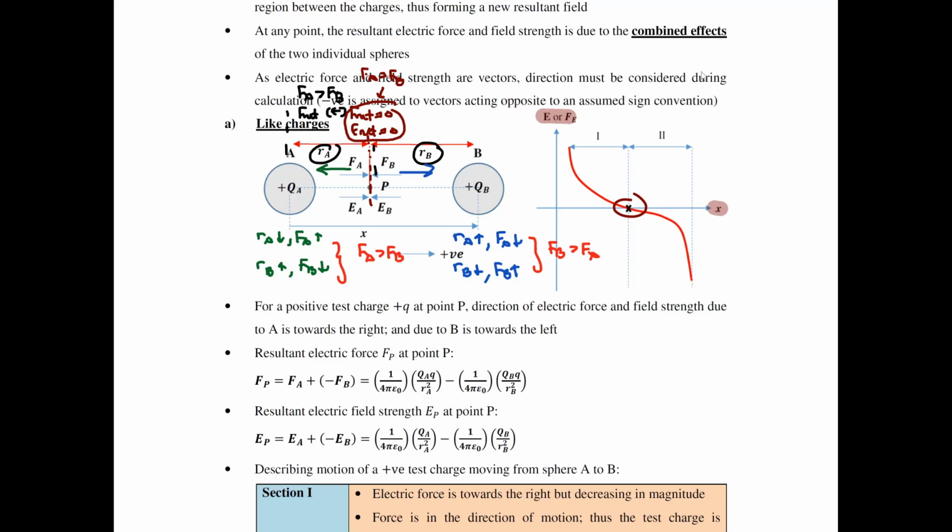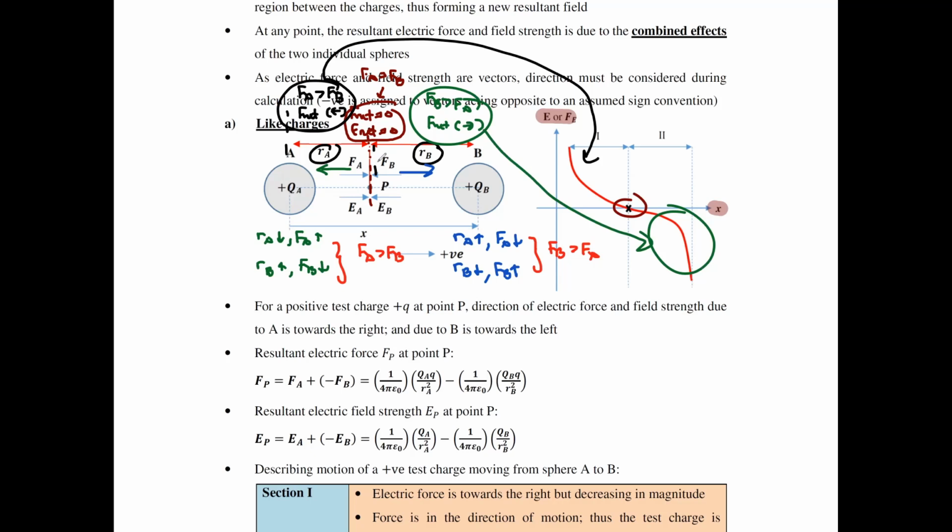So at this point here, FB more than your FA, your Fnet will actually be towards the right. That's the reason why you're seeing this graph being like this. This portion represents this region, and this portion represents this. The more you go towards one side, the more the effects due to that one will be stronger. That's how you get this particular graph shape.